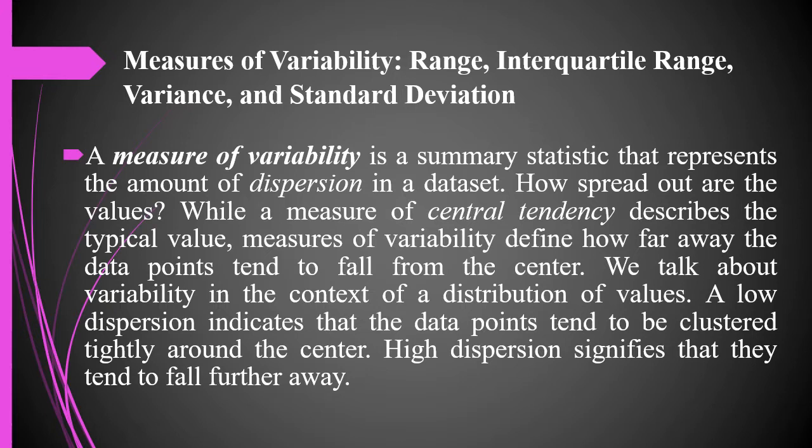We talk about variability in the context of a distribution of values. A low dispersion indicates that the data points tend to be clustered tightly around the center. High dispersion signifies that they tend to fall further away.